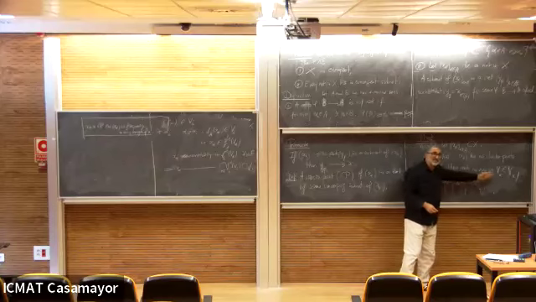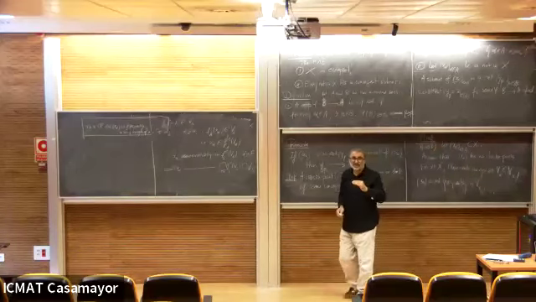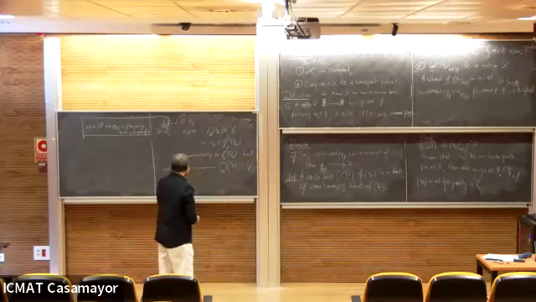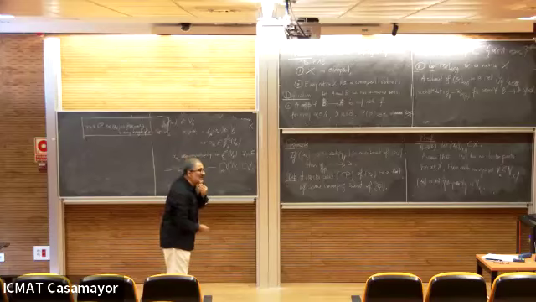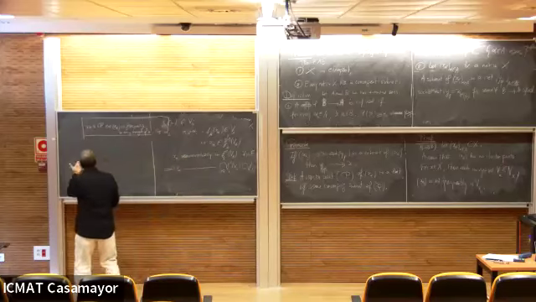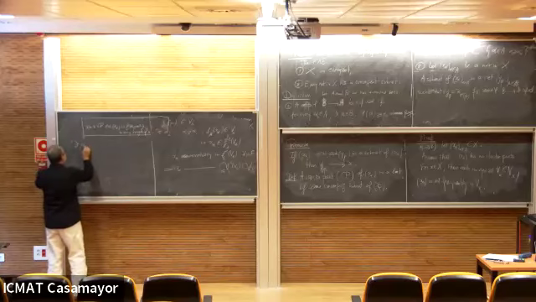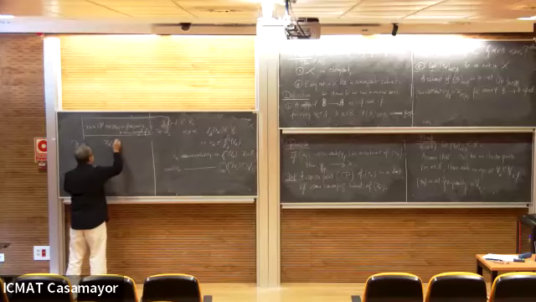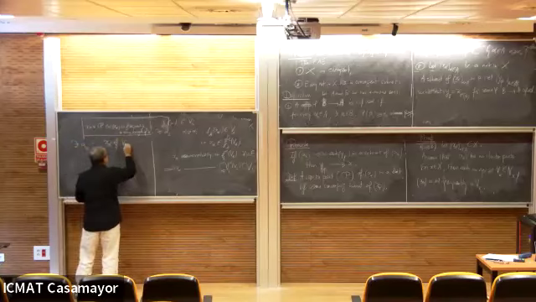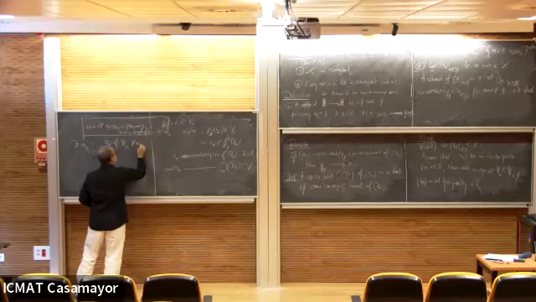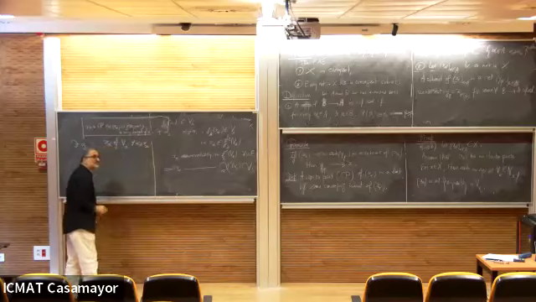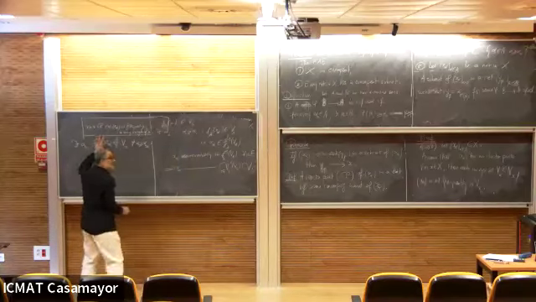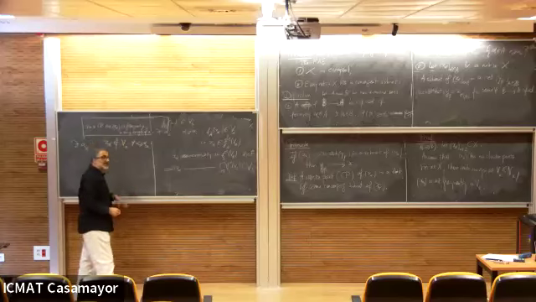So if X is not a cluster point, then we can find a neighborhood of X such that X alpha is not frequently in this neighborhood. This means that there exists alpha X such that X alpha does not belong to Vx for all alpha more or equal than alpha X. This means that the net is not frequently in the neighborhood.